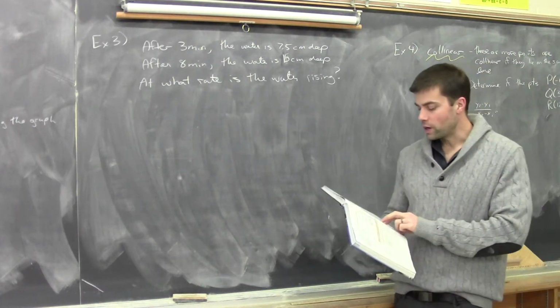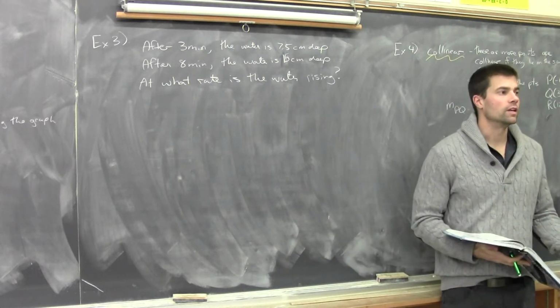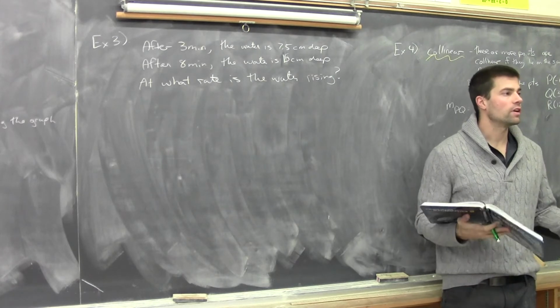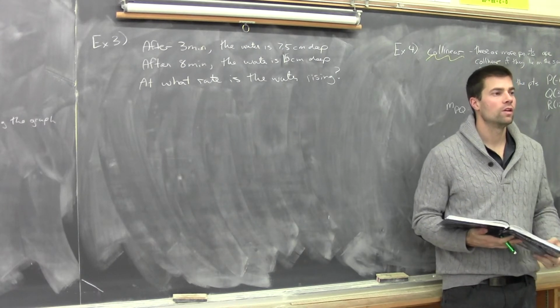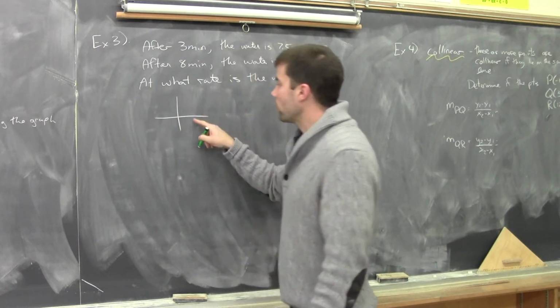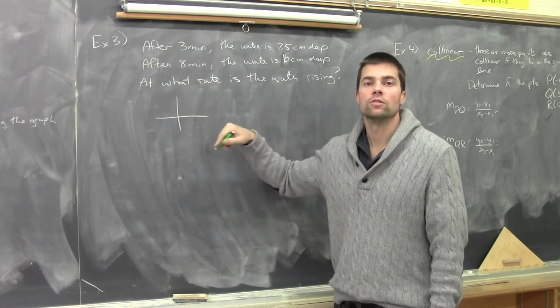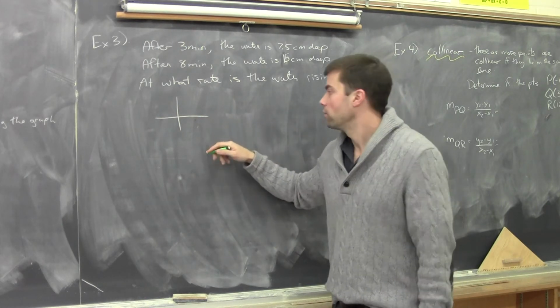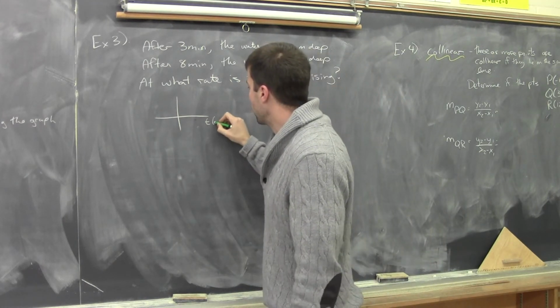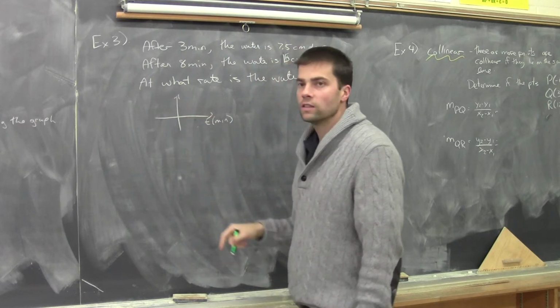All right, it says at what rate is the depth of water increasing? So what is it asking for, really? In terms of graphing, what's it asking for? Yeah, it's asking for the slope. We visualize this, right? What am I going to put on the x-axis? Minutes. Right, time in minutes. And what am I going to put on the y-axis?